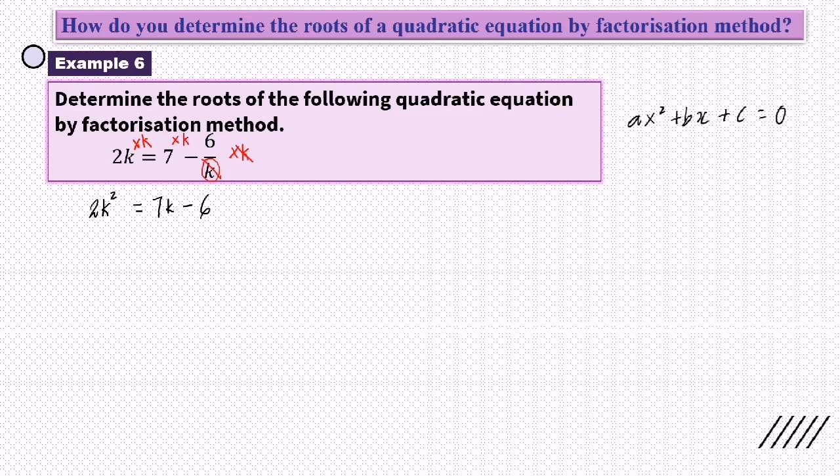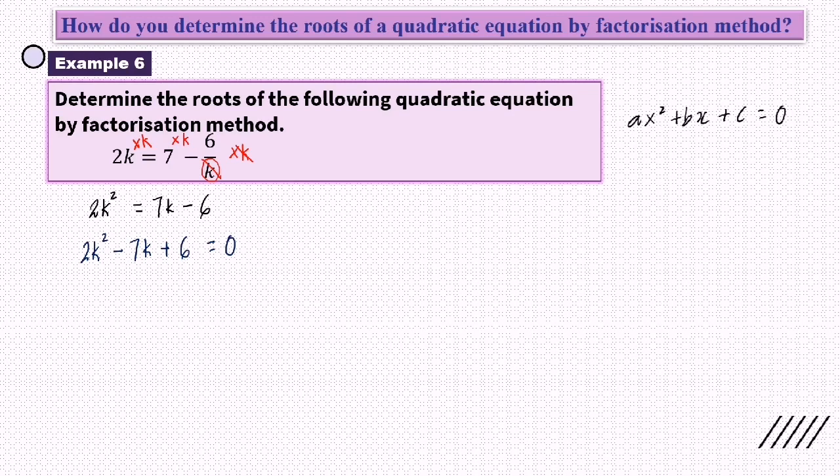After you arrange the quadratic equation into general form, only you can do the factorization. Okay, so now we try to arrange. Okay, 2k squared minus 7k plus 6 equals 0.